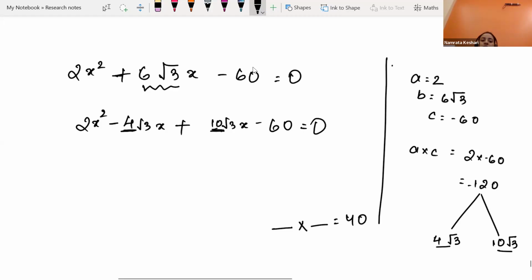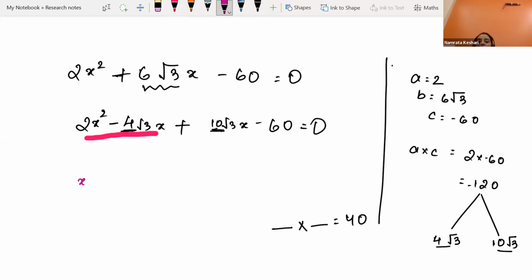So if I ask you what is the common factor from the first two terms, 2x square and 4 root 3x. 2 will definitely not generate root 3, so root and all we don't have to think. 2 and 4 is there.